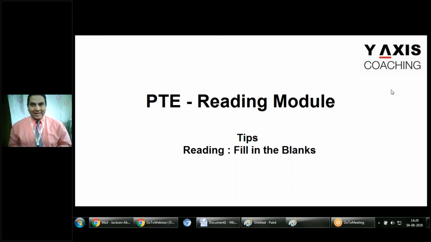Rather, in the PTE examination, things are well organized. You are provided a set of options from which you need to select and drag the word and put that in the blank. This is what your reading fill in the blanks is all about.